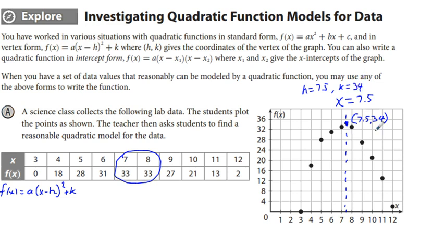Then we're going to solve for a and have a function and see how well that function we calculate fits these points. So we have f of x equals a, which we do not know, times x minus h, and h is 7.5, squared plus 34.